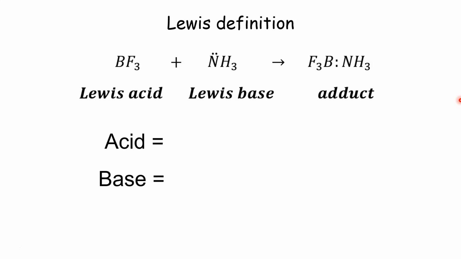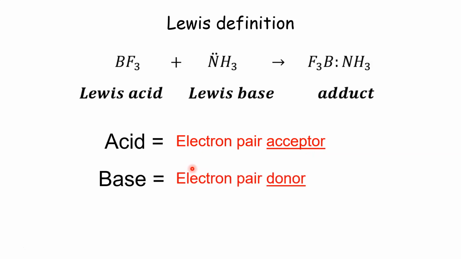So we are going to be talking about donating and accepting electron pairs, and then when a Lewis acid and base interact, they form what we call an adduct. So the acid is always the electron pair acceptor, while the base is the electron pair donor.